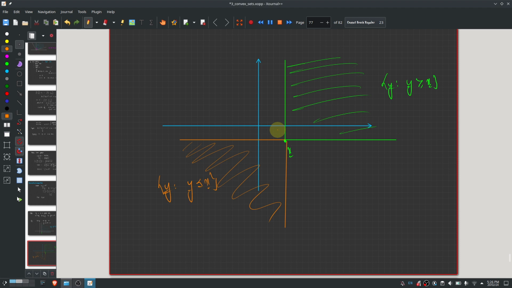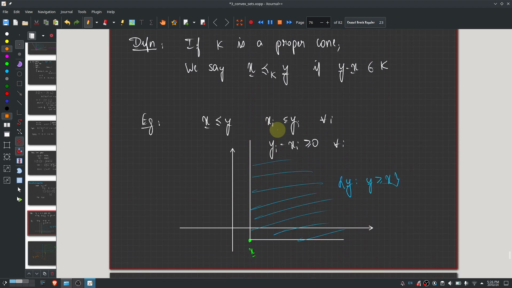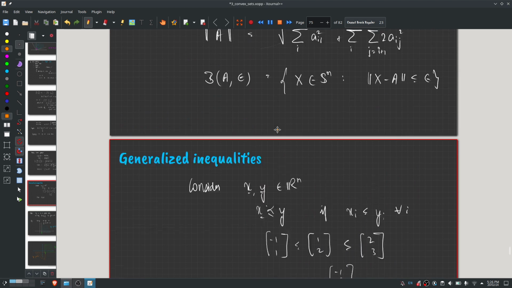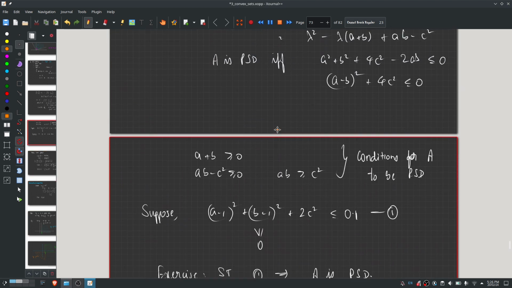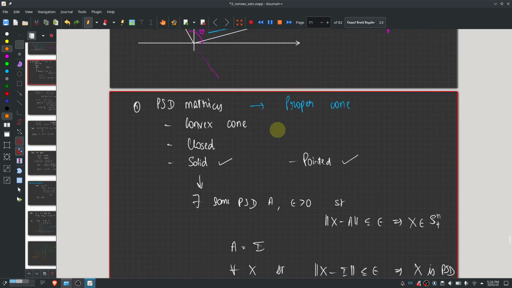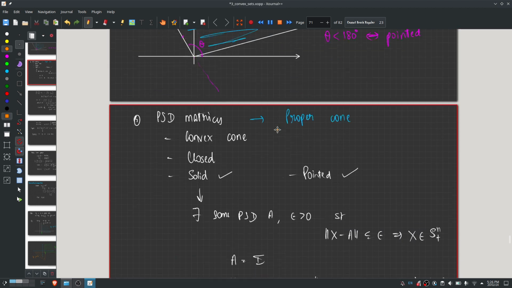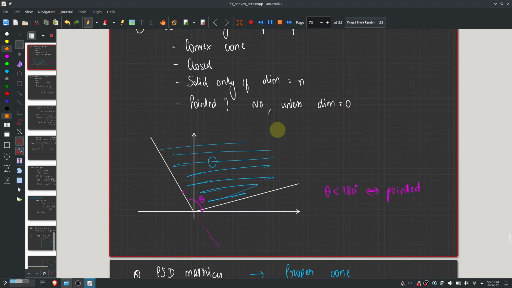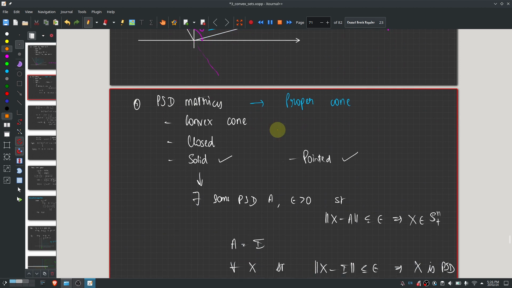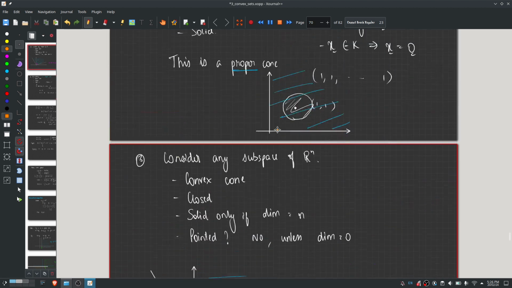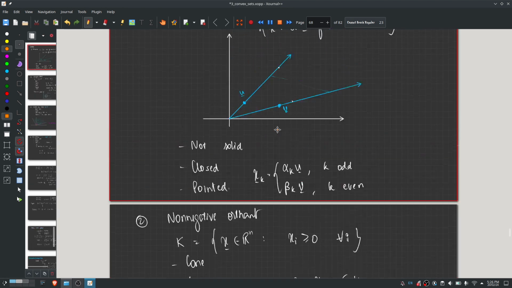Okay, so let's stop here. This is conceptually quite different from what you've seen. There's a lot of new notions that came up. So just try to go through the notes once again. In particular, try to prove each of these statements for positive semi-definite matrices and cones and so on.